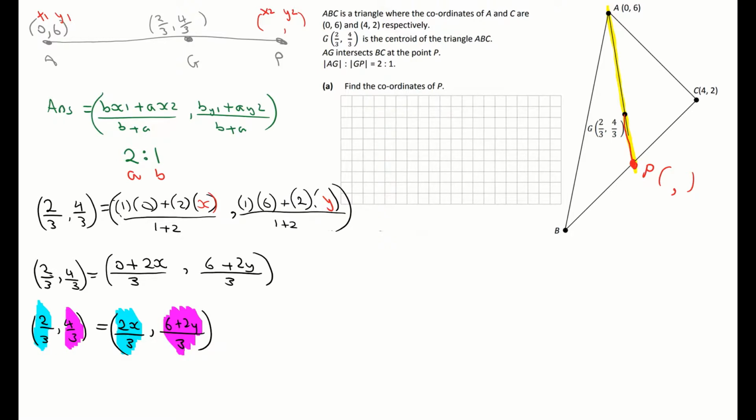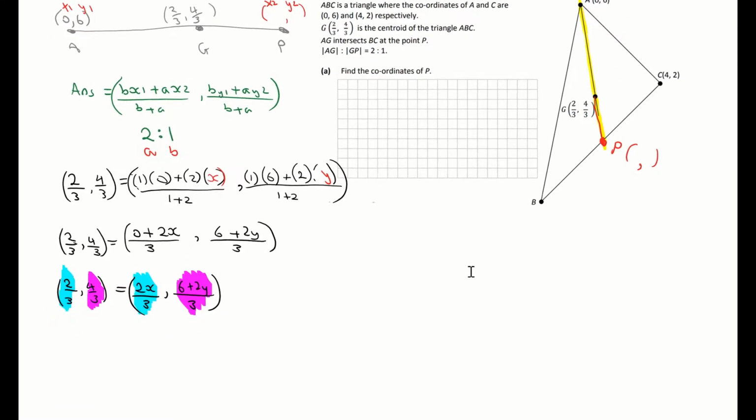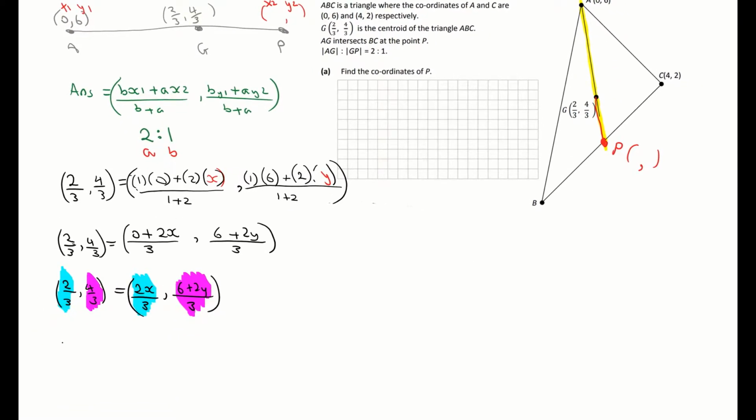So I'm going to pair them up and solve them. What that gives me is 2 over 3 is equal to 2x over 3. That's the first thing I have. And I have 4 over 3 is equal to 6 plus 2y over 3.